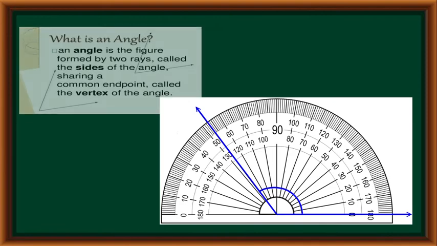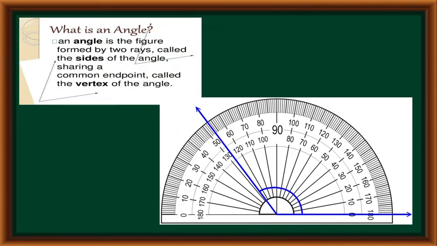Okay, we have also an angle. It is the figure formed by two rays called the sides of the angle sharing a common endpoint called the vertex of the angle. Okay, so we have here protractor. So, from 0 to 90, that is what we call right angle. Okay, more than 90, that is obtuse angle.